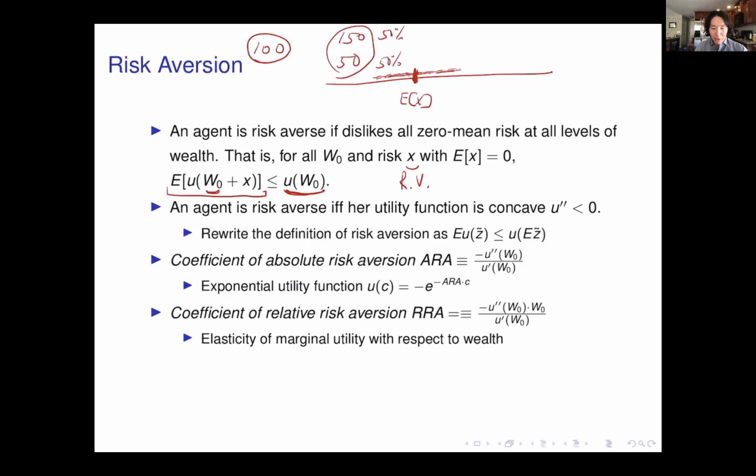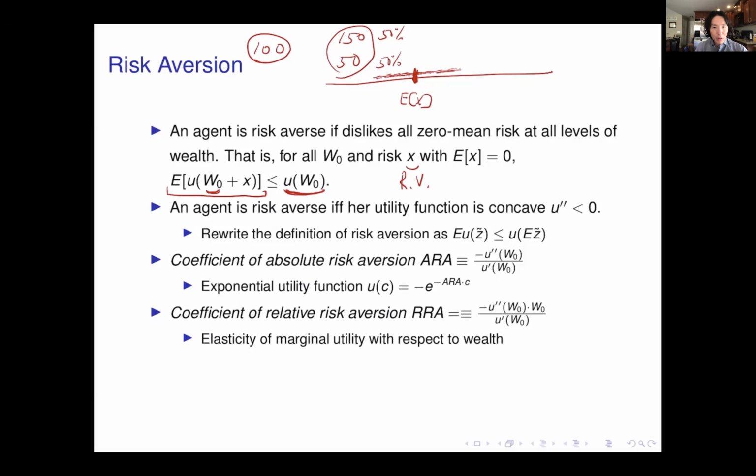An agent is risk averse if and only if the agent's utility function is concave. In other words, the second derivative is a negative number. Now, it is sometimes easier to define the following coefficients.